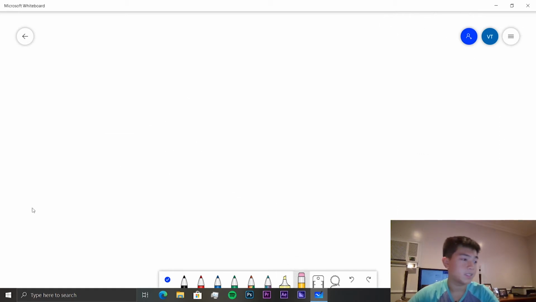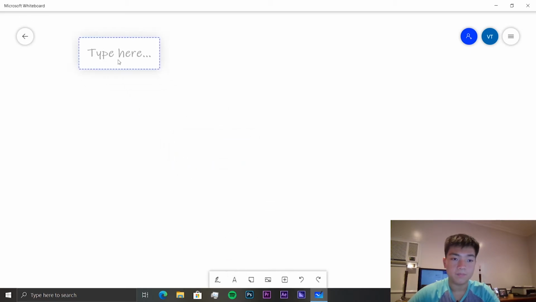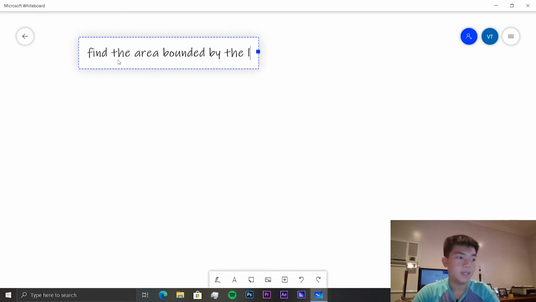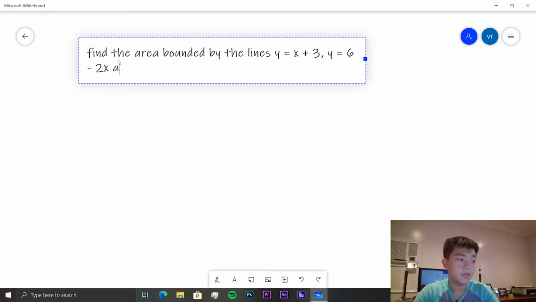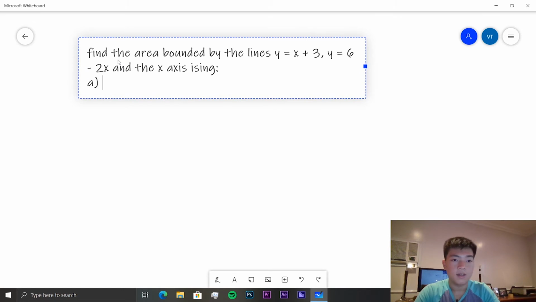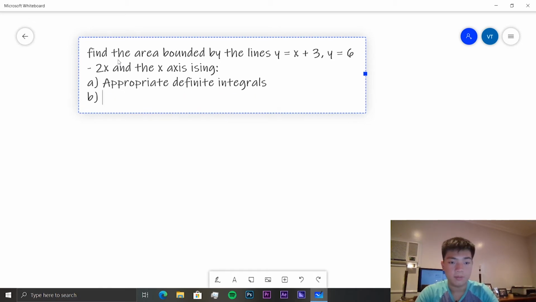Next, we need to find the area bounded by the lines y is equal to x plus 3, y is equal to 6 minus 2x, and the x-axis using appropriate definite integrals and geometry.